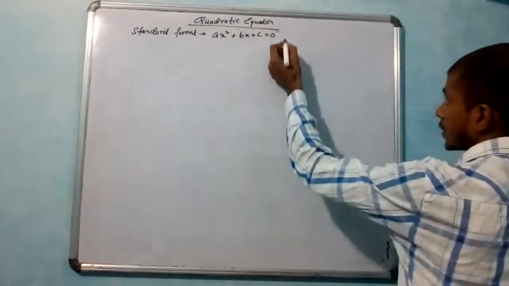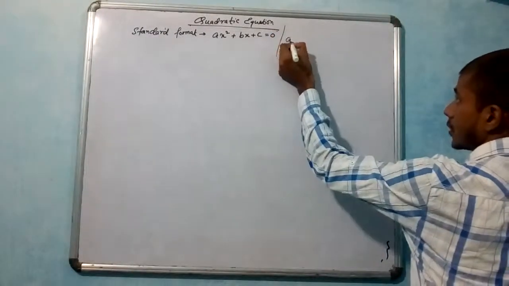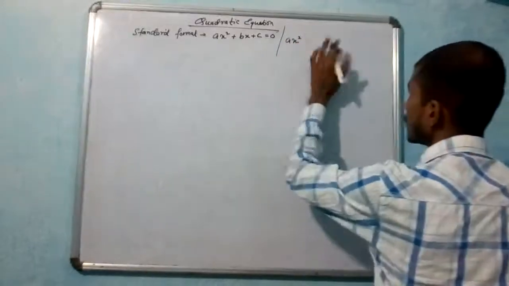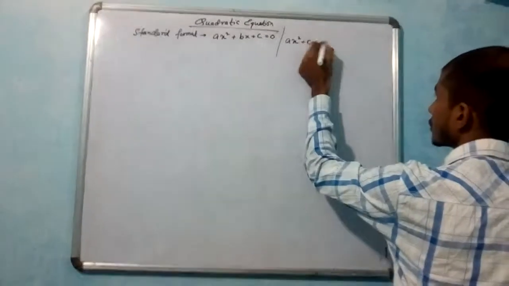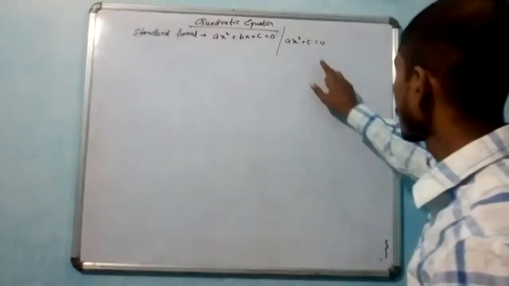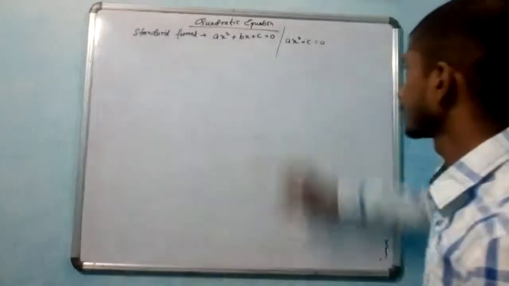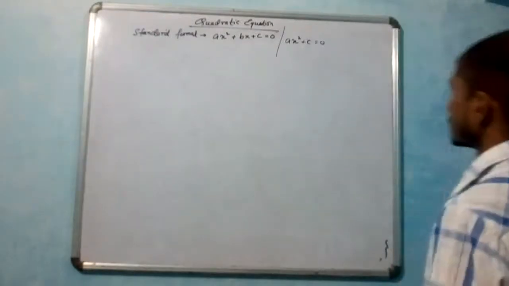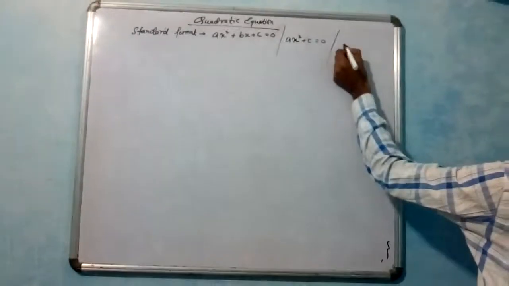It can even be like this: ax square plus c is equal to 0. Then also it is a quadratic equation or not? Yes. And this one?